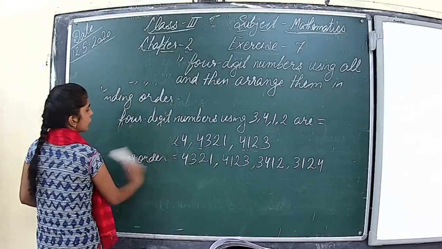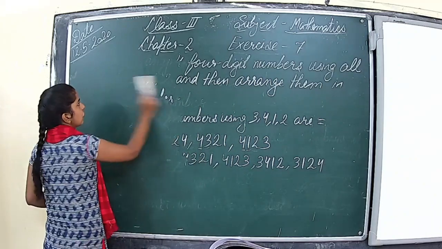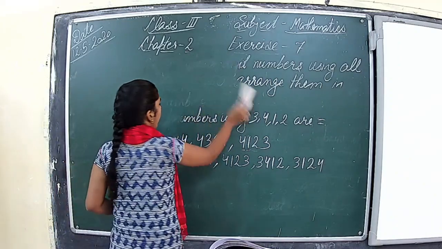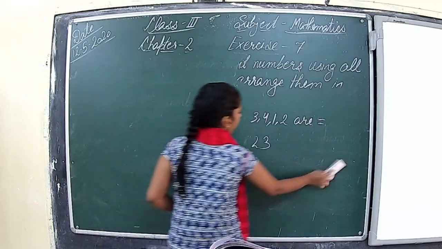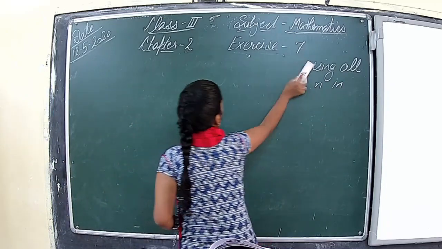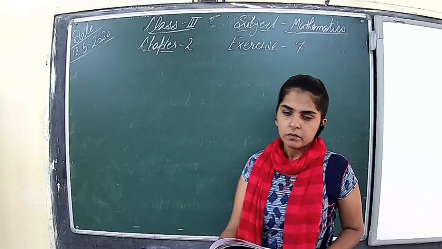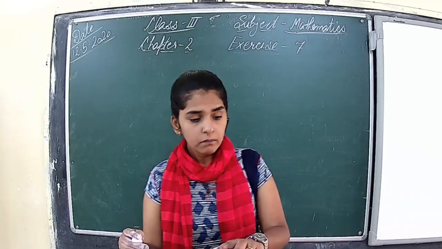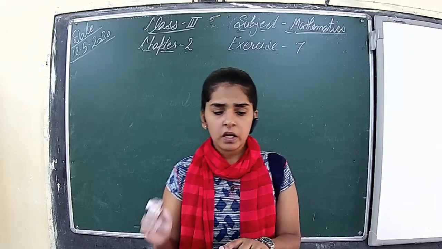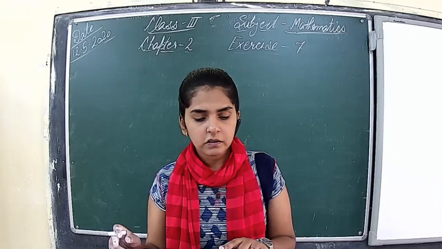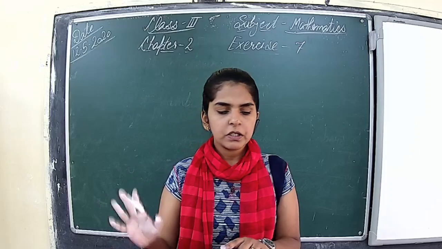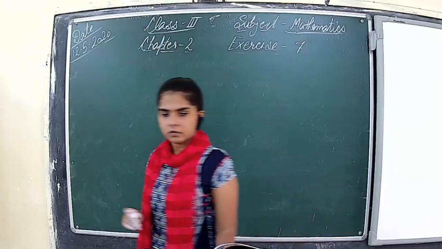Write down these questions in your notebook also. Question number 11. Write the smallest and greatest 3-digit numbers without repeating a digit from the following digits. Okay?